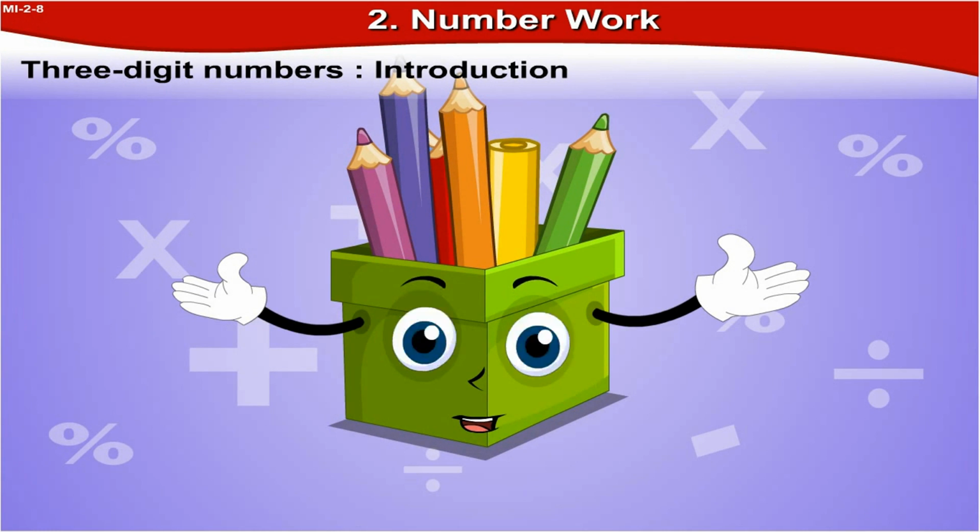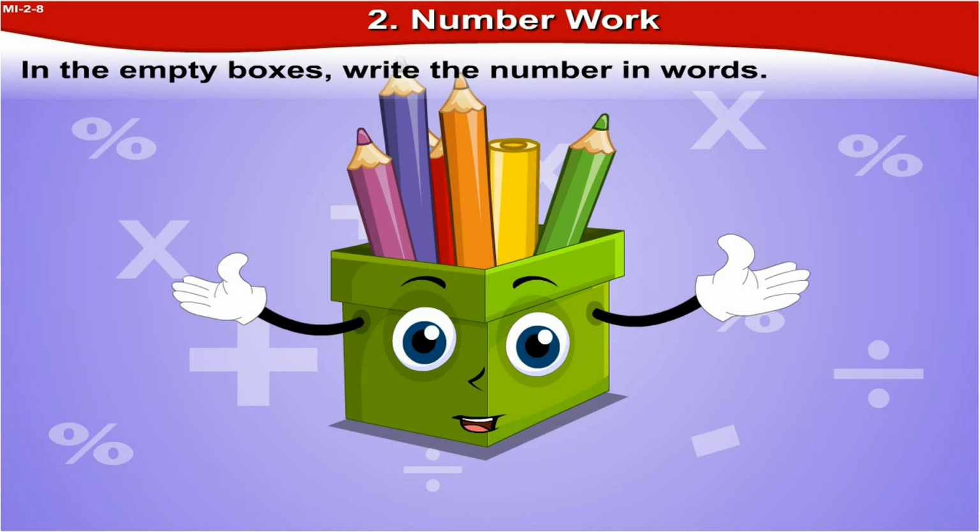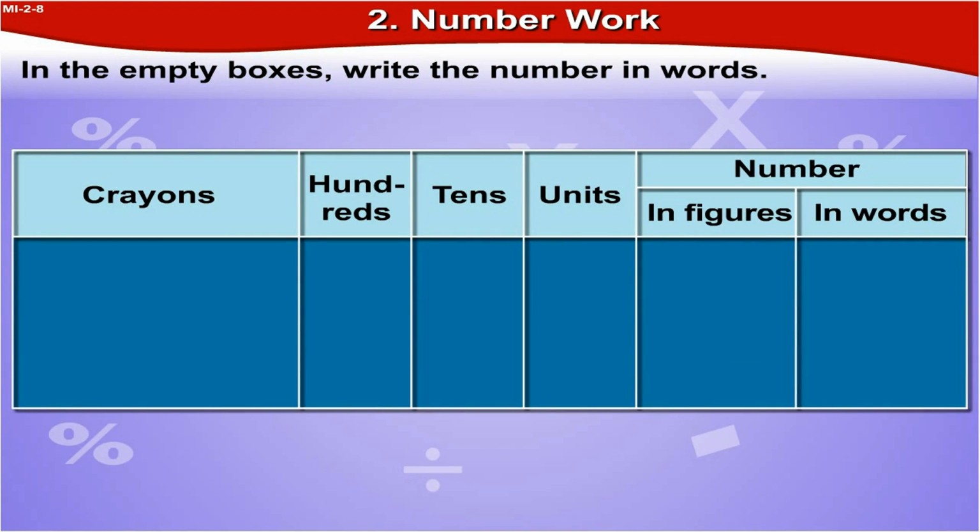Three-digit numbers. Introduction. In the empty boxes, write the number in words. Here we have crayons, and the next columns are hundreds, tens, units. Now we've got to write the number in figures and in words.